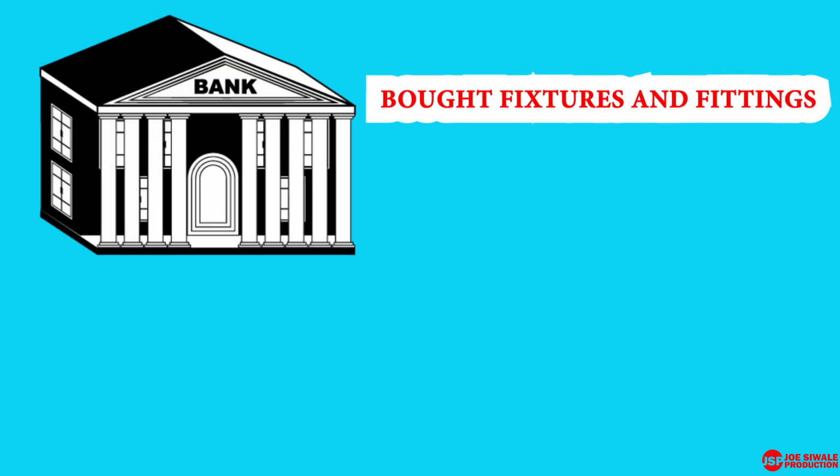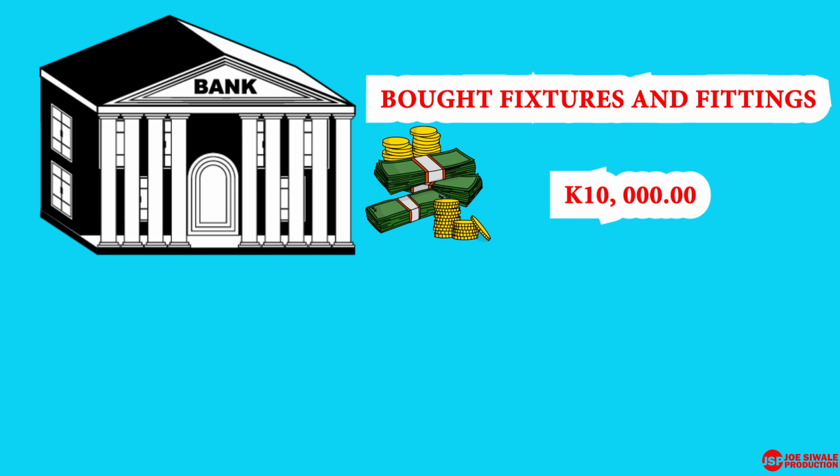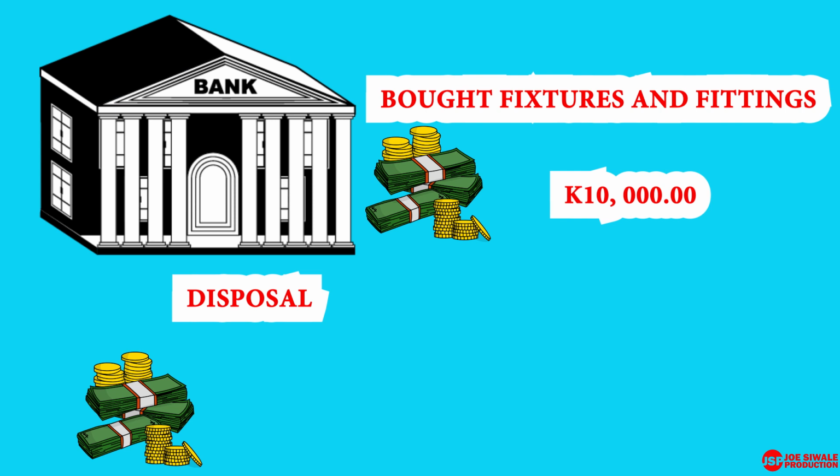For example, if a company had bought some fixtures and fittings for 10,000 kwacha and it decides to dispose of them by selling the fixtures and fittings at 7,000 kwacha, that amount won't be recorded in sales because the fixtures and fittings were not bought for resale.